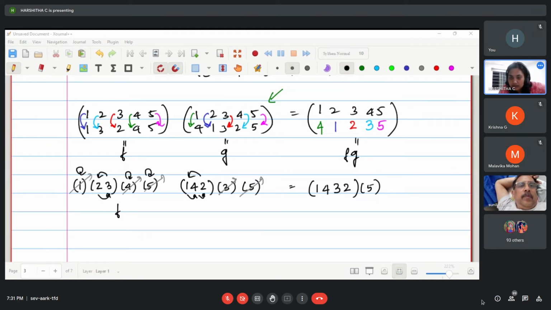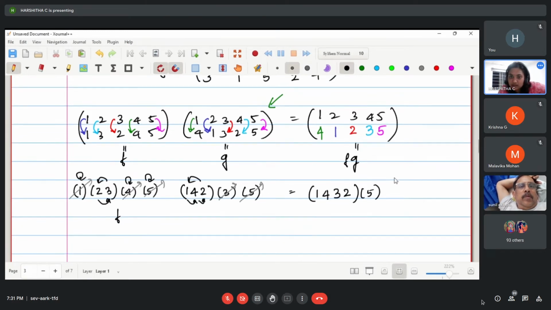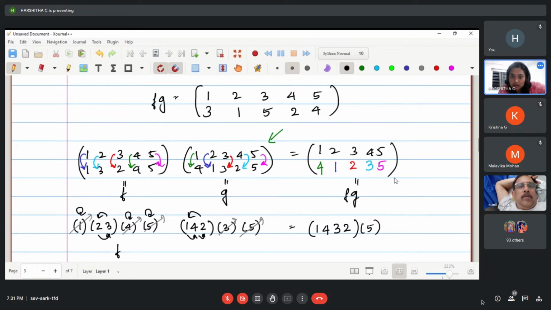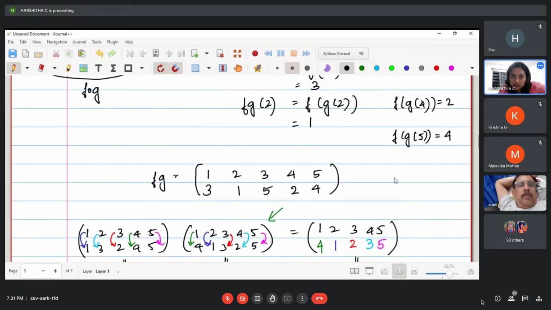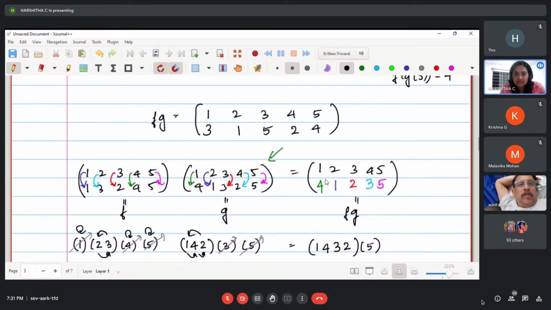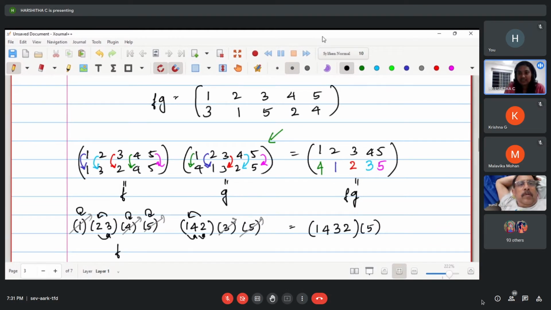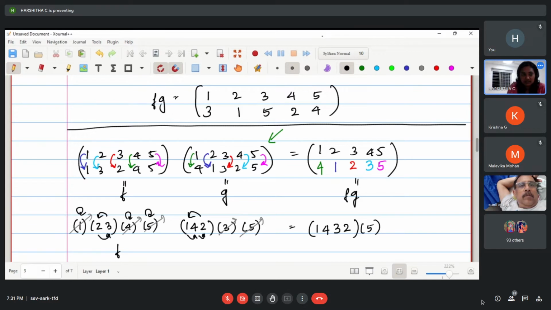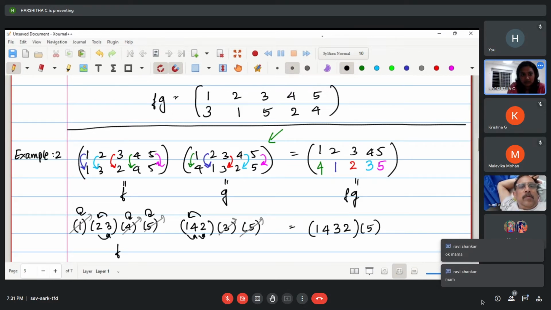Earlier FG is different. Which FG? You mean this one? That was a different example. There F and G were also different. This is, let's say, example 2.